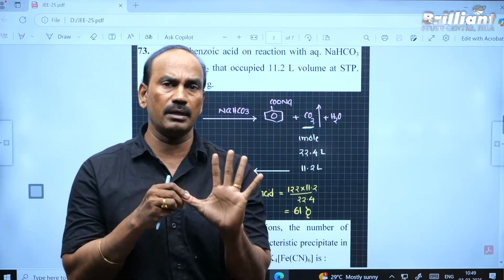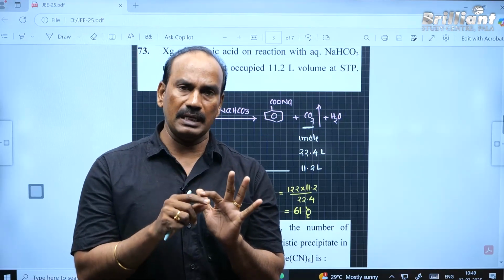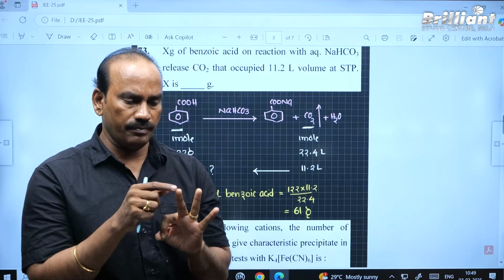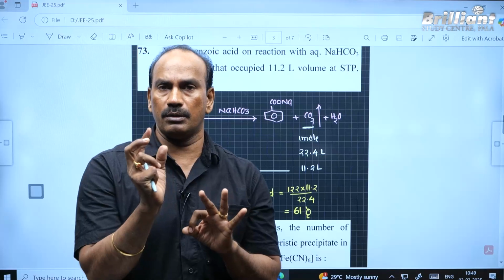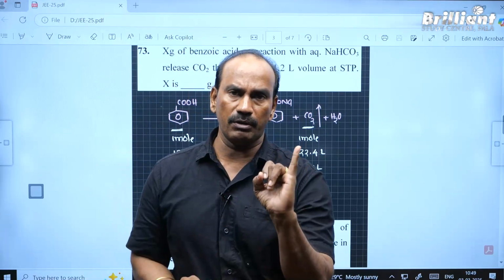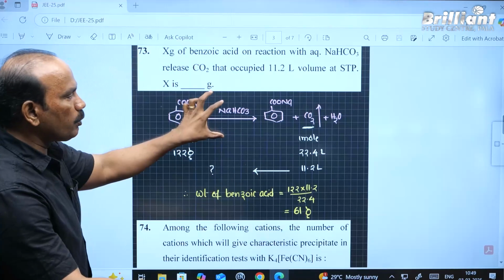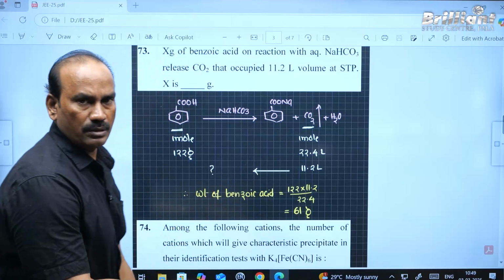First, making of equation. Second one is marking. Marking is a very important point. What is the marking? I will explain. Next, third, what is the standard moles as per the equation? Next is what is the given moles. Fifth step is the answer. So first equation: benzoic acid is treated with sodium bicarbonate, you get CO2 gas.